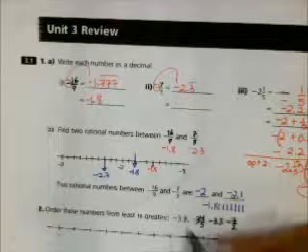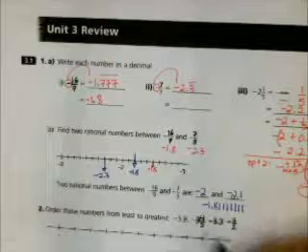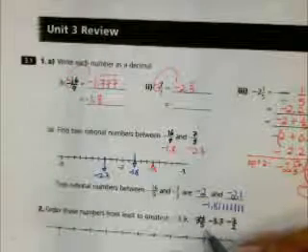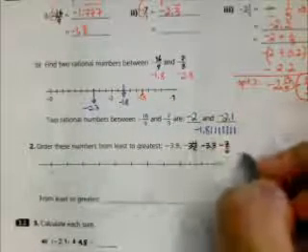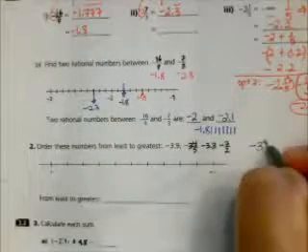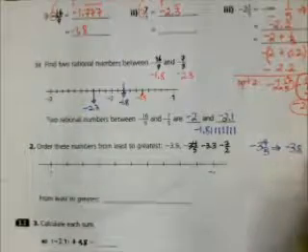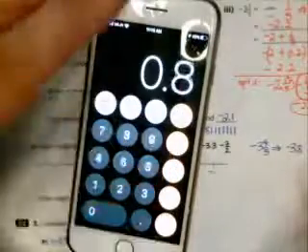Now it says to order these numbers from least to greatest. So all the ones that are written as fractions, I would first turn them into decimals before I did anything else. So this negative 3 4/5 would turn into a negative 3.8, because 4/5 is a 0.8, and so that's going to be a negative 3.8.